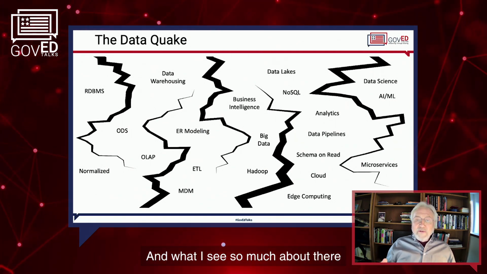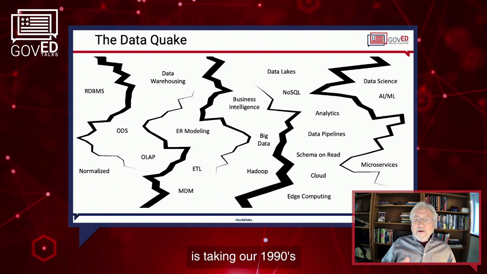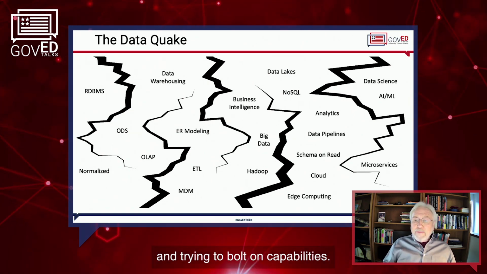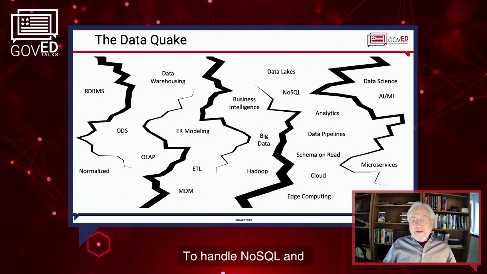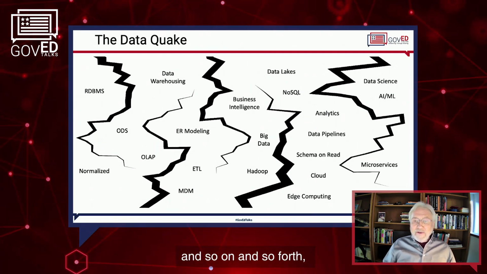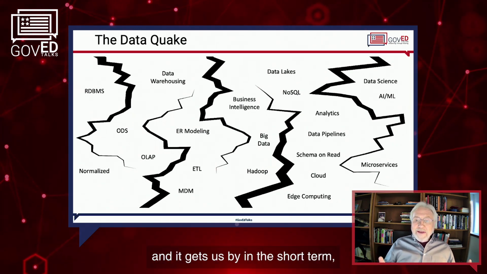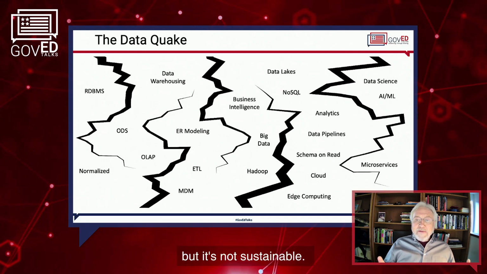And what I see so much of out there is taking our 1990s data warehousing architecture and trying to bolt on capabilities to handle NoSQL and big data and data lakes and so on and so forth. And it's sort of a duct tape and Band-Aid approach. And it gets us by in the short term, but it's not sustainable.